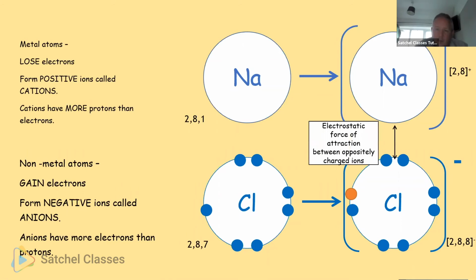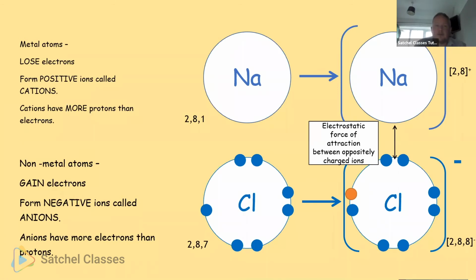And that opposite charge causes an electrostatic force of attraction to occur. And this causes the formation of what we call an ionic bond. An ionic bond is a bond due to that electrostatic force of attraction between two different oppositely charged particles, in the same way that two opposite poles of a magnet will attract.